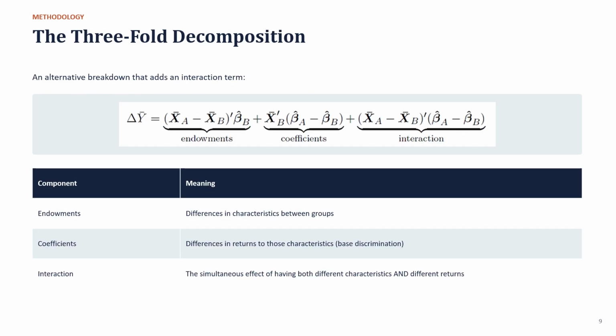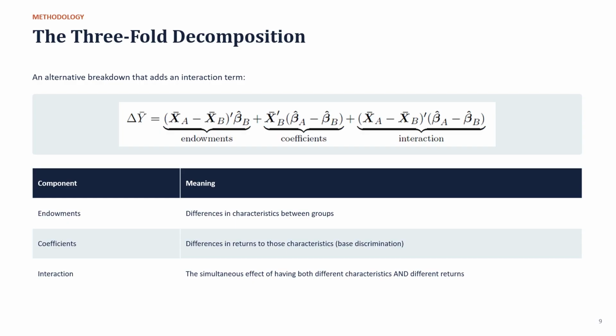The threefold decomposition offers an alternative breakdown. Instead of just two parts, it adds an interaction term. Why? Because the two groups might differ in both their characteristics and their coefficients simultaneously. And finally, the interaction term captures exactly that. It measures how the difference in endowments combines with the difference in returns.